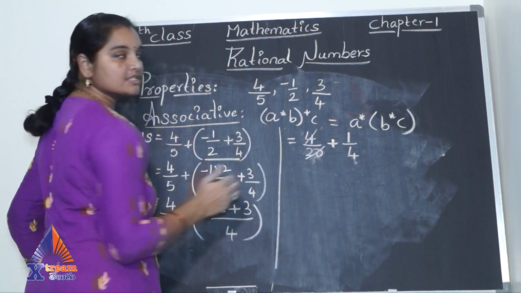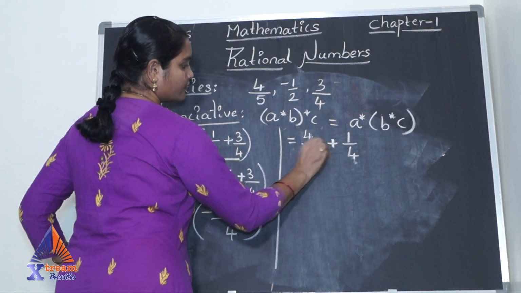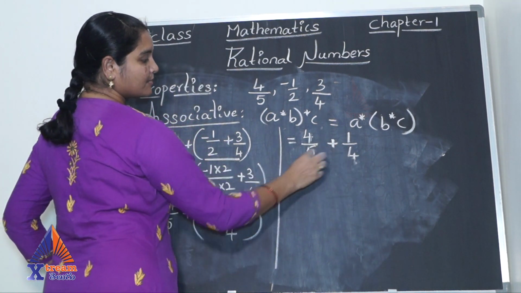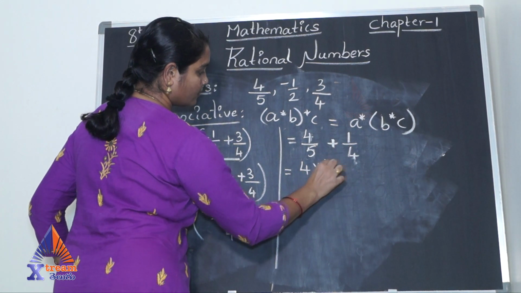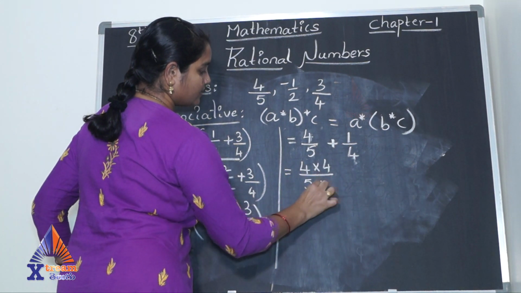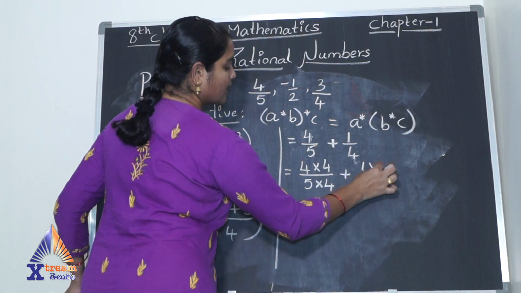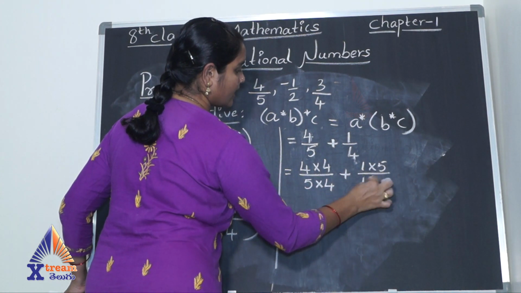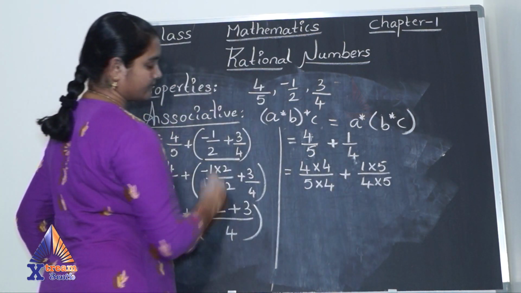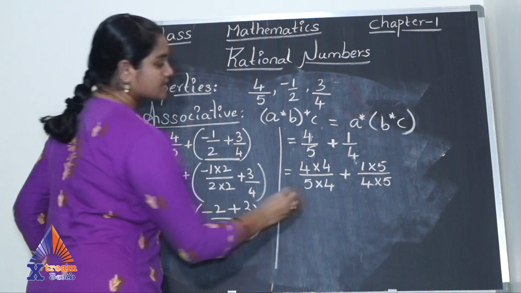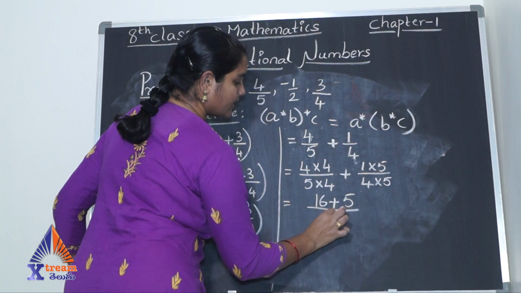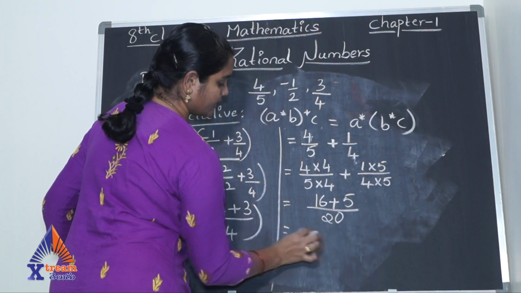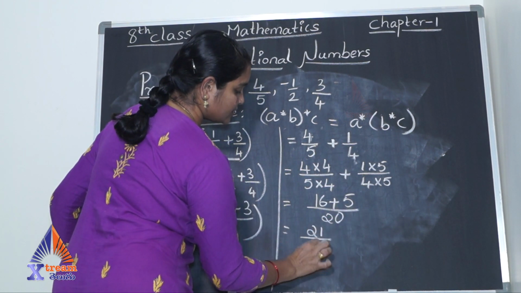But between the fractions, I can't. 4 by 5 plus 1 by 4. Now the LCM of 4 and 5 is 20. So we get 4 into 4 by 5 into 4 plus 1 into 5 by 4 into 5. So it gives us 16 plus 5 by 20, which is 21 by 20.